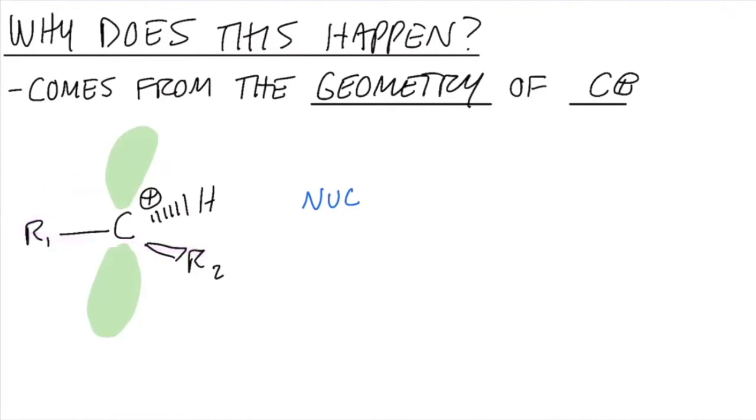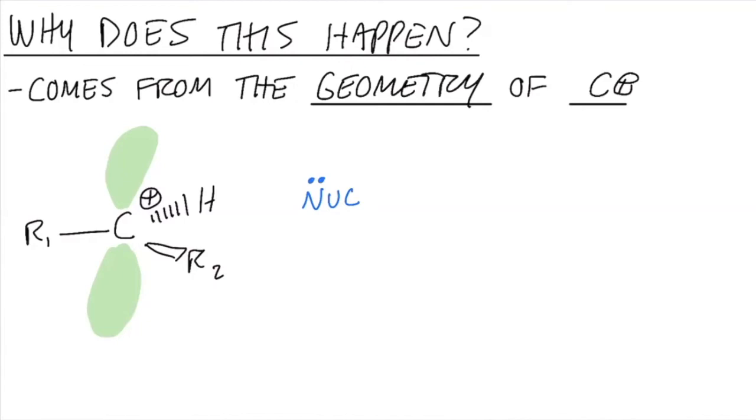If we bring a nucleophile into this reaction, then we know we need to react with that p orbital in order to form a new bond. That's the orbital that is empty. So we have to fill that in with electrons from our nucleophile. So if we were to do this, we have two options. We have the top half of that p orbital, and we have the bottom half of that p orbital.